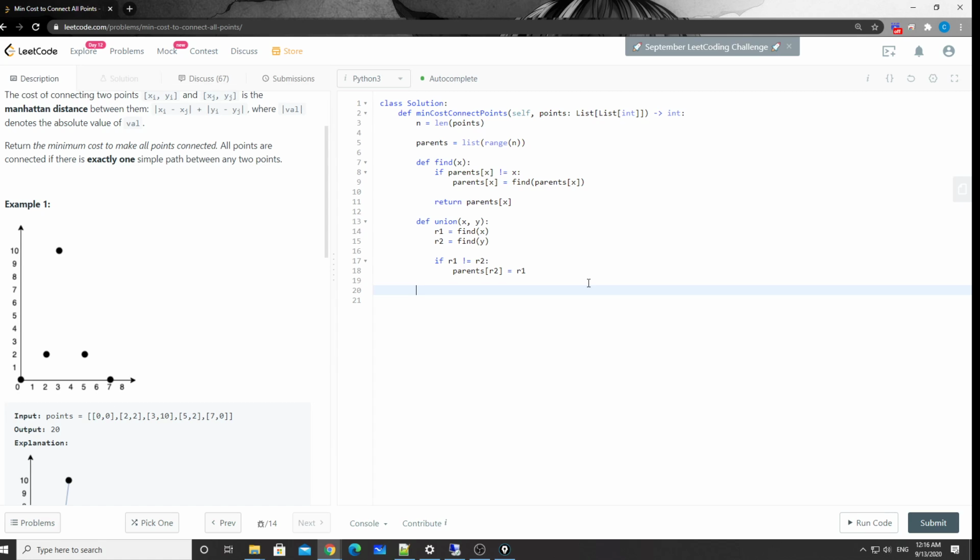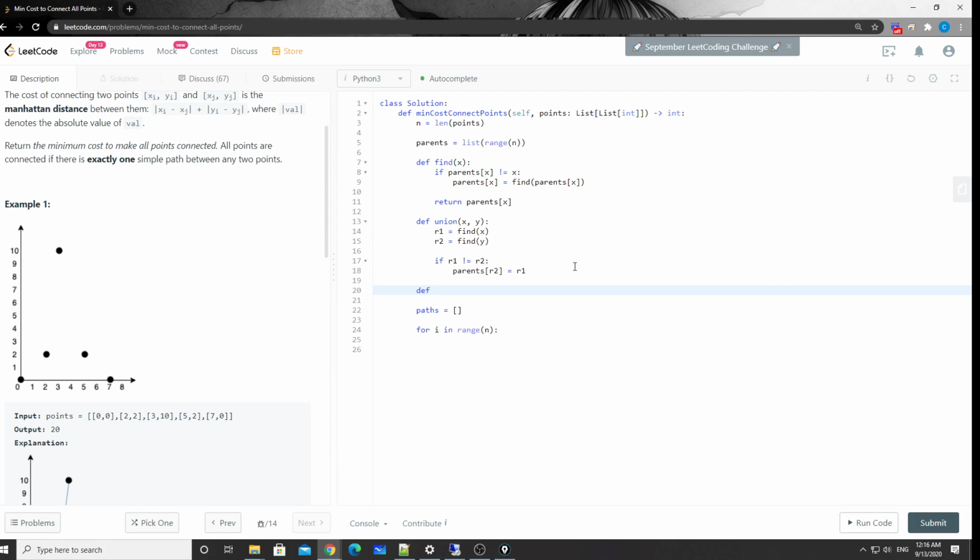Now that we have the union find structure, we can construct the edges. Basically, we have a path between two points. I'm going to use the path here, and to construct the path, for i in range n, we calculate the edges between each two nodes.